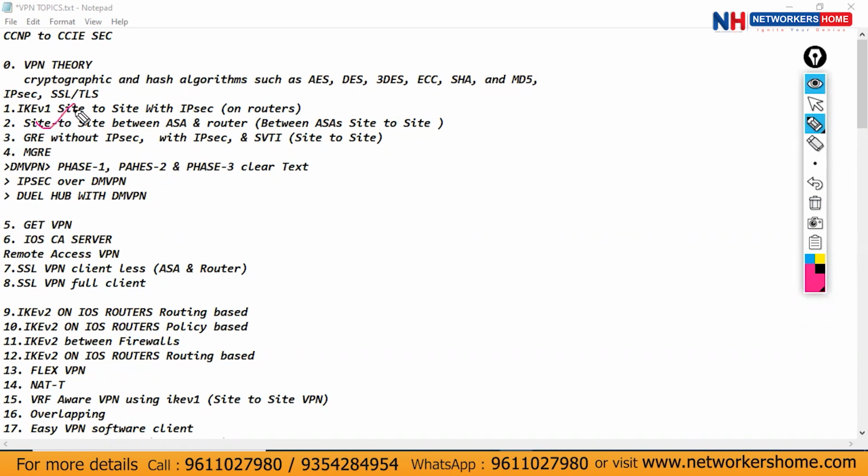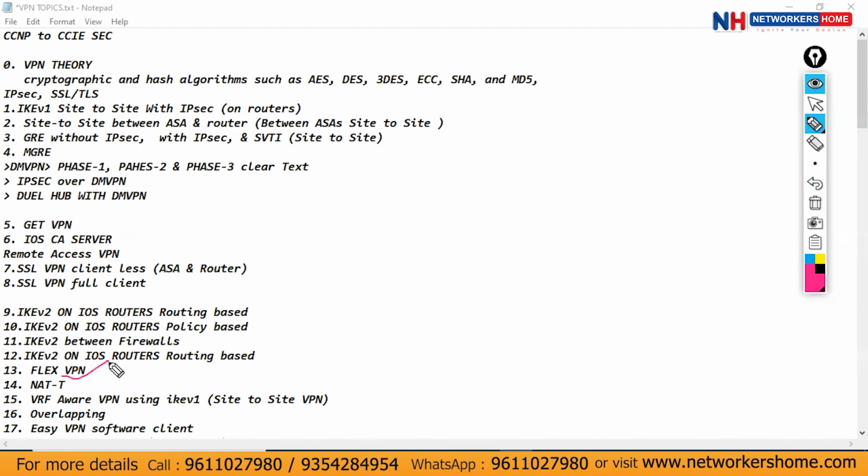In short, you are understanding the types of VPNs that we are going to cover: without GRE, with GRE, MGRE, and DM VPN with different flavors. And then we have IKEv2 with site-to-site between routers, right? Between the firewalls, we'll also understand, and we'll also understand Flex VPN.